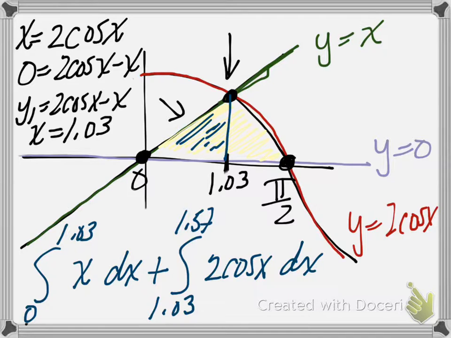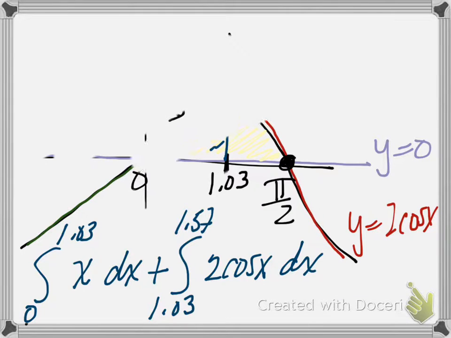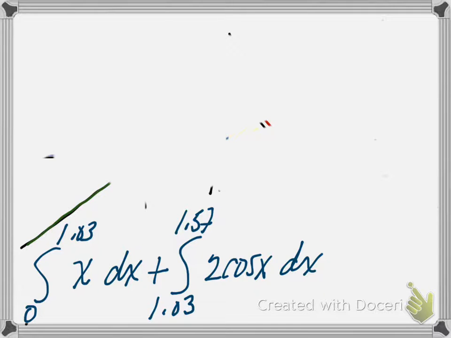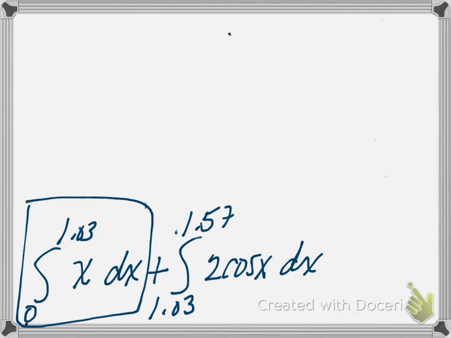Okay, so I'm going to erase this whole thing on the top to make room, now that we're done with the picture. And now we just have the integral. Whoops, I just erased something I wasn't supposed to. So this was 1.57. Okay, so this is definitely a calculator problem. And so you're going to put this first piece into your calculator. Could you do that by hand?